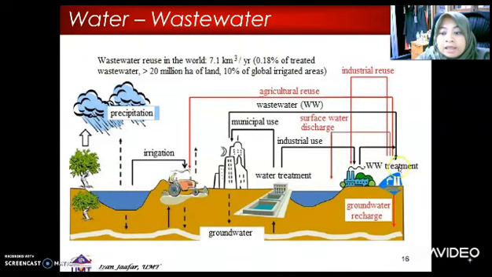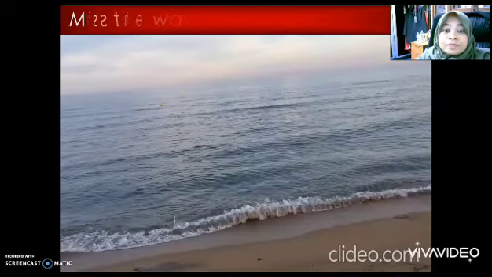Kalau kita pakai air tu untuk agriculture dan kemudian dia jadi wastewater, kita boleh reuse balik, industrial reuse. Dan wastewater cycle pun boleh berlaku kalau kita gunakan sistem yang advance. Zaman sekarang pun kita pakai teknologi.